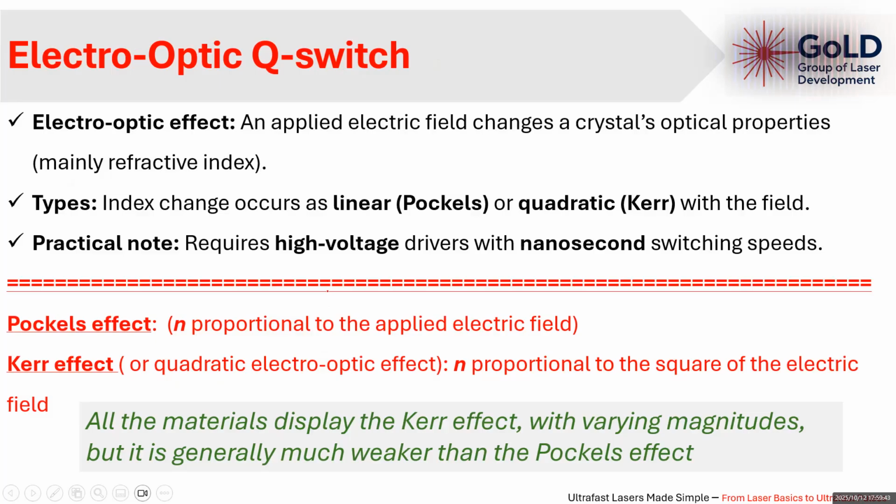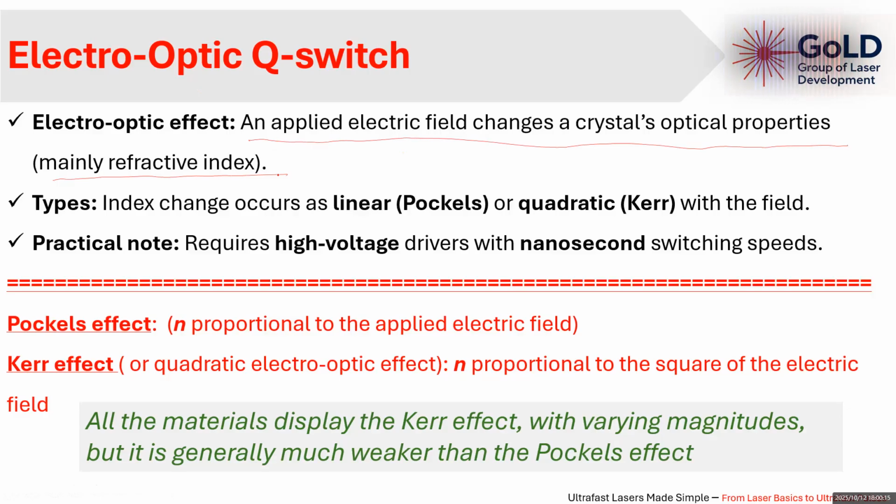And that electric field is not applied somewhere, but it is applied to one kind of crystal. Okay, and the crystal changes its behavior, its properties, its characteristics. Okay, you can use any word. So here, an applied electric field changes the crystal's optical properties.